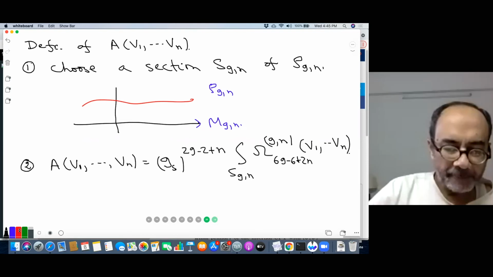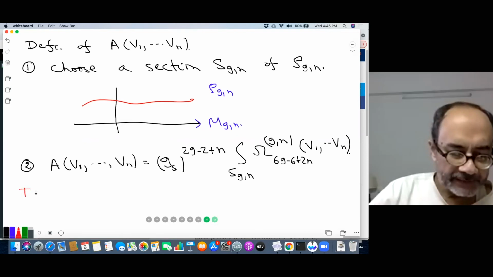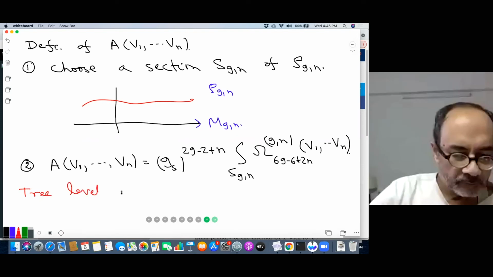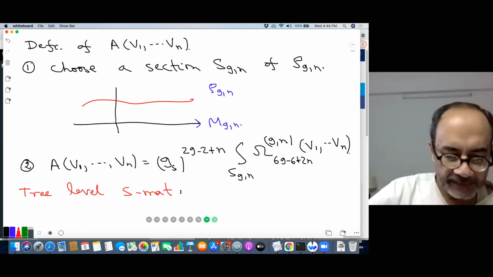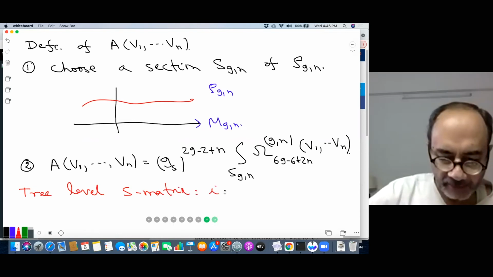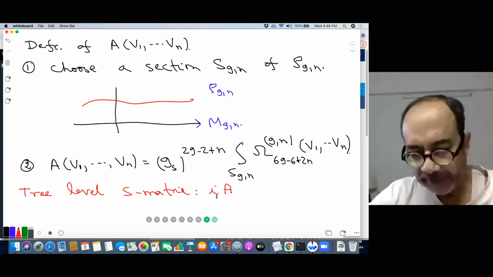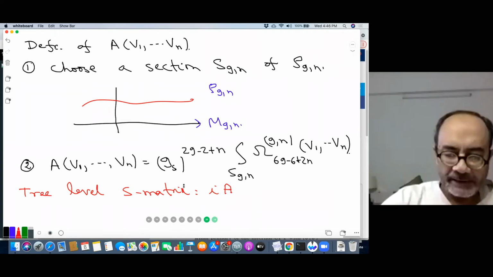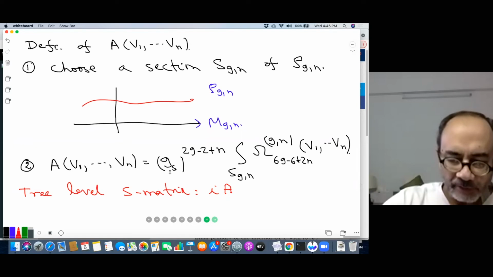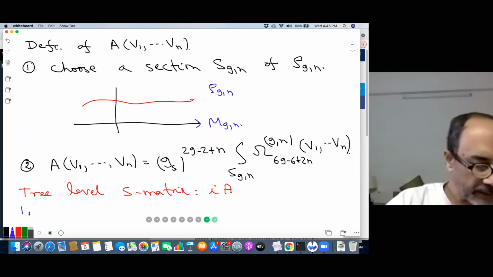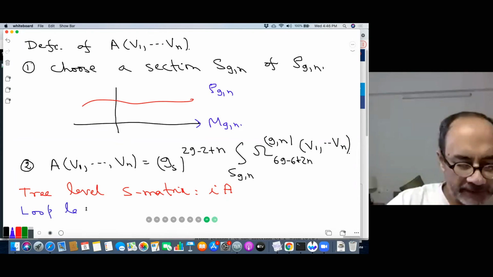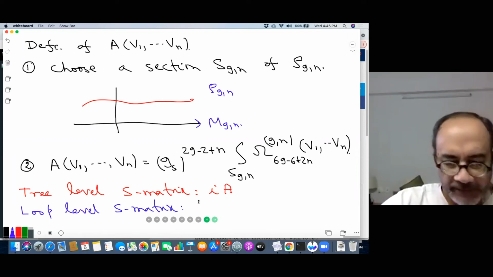So from this amplitude, as I have already said, the tree-level S matrix is directly the amplitude. In fact, more precisely, it's i times A. Here i is the standard i that comes from the Euclidean to Lorentzian rotation. That's the convention I have chosen, so you have to multiply by this i. If you want to compute the loop-level S matrix, in general, it requires LSZ.